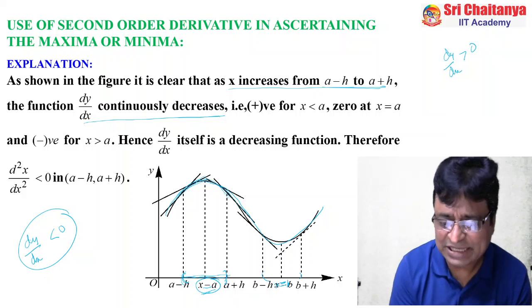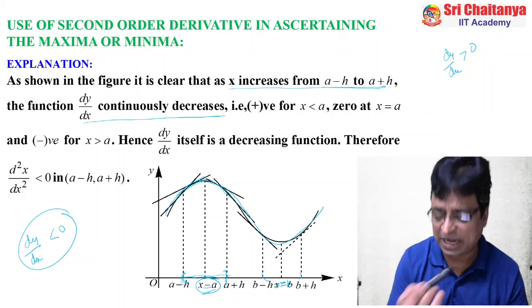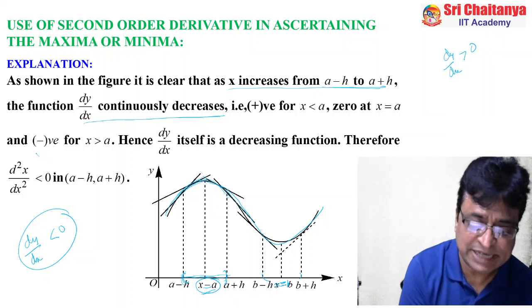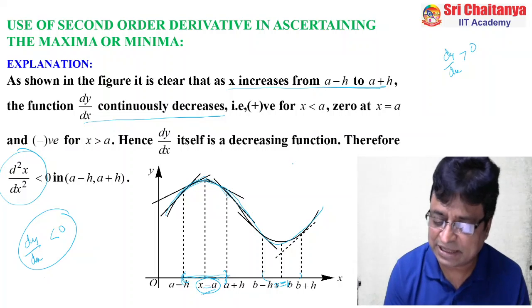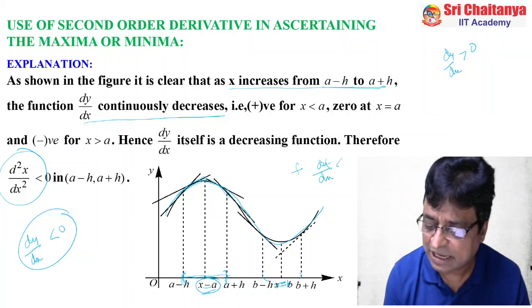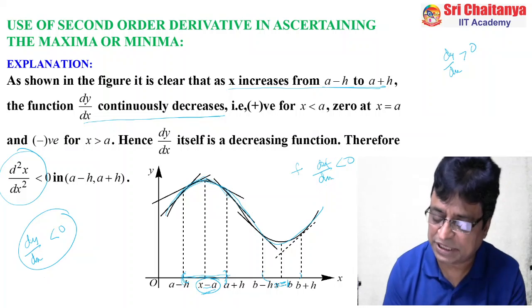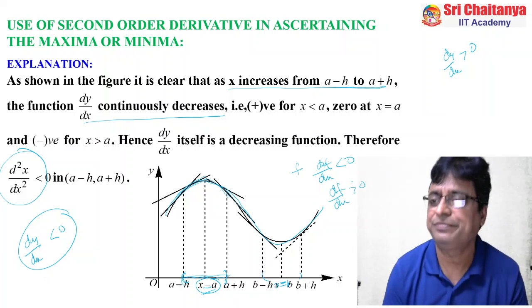So when can I say that dy by dx is continuously decreasing? If its second derivative is less than 0. See, when can I say the function is decreasing? f is said to be decreasing if df by dx is less than 0. When can I say the function f is increasing? df by dx greater than 0. Clear?